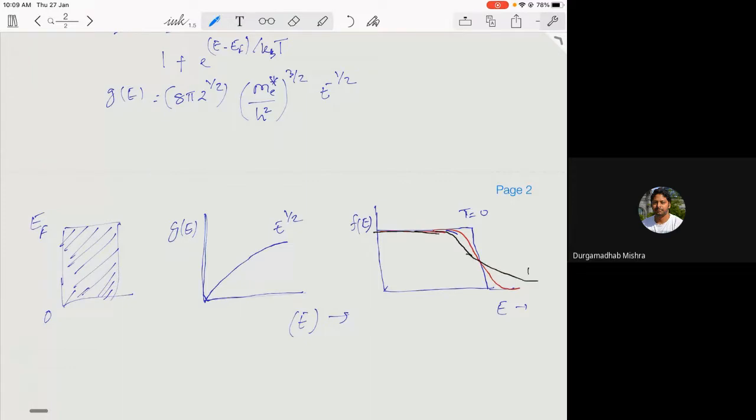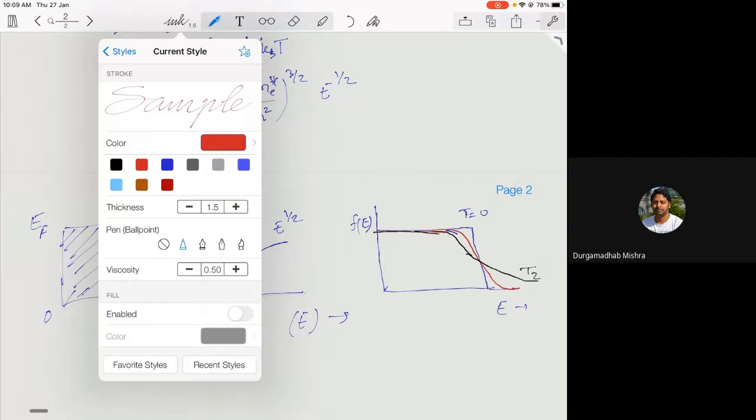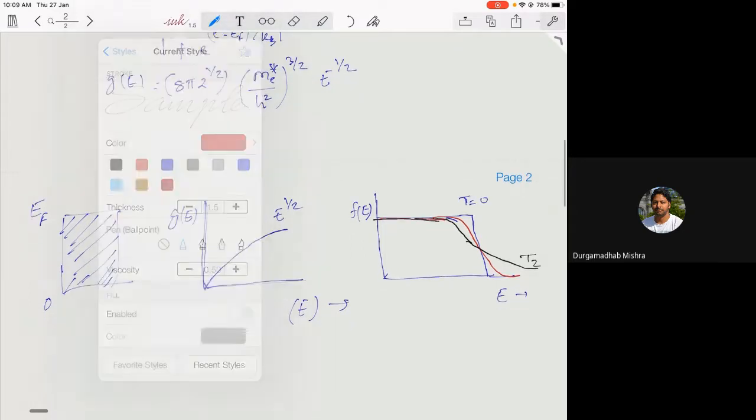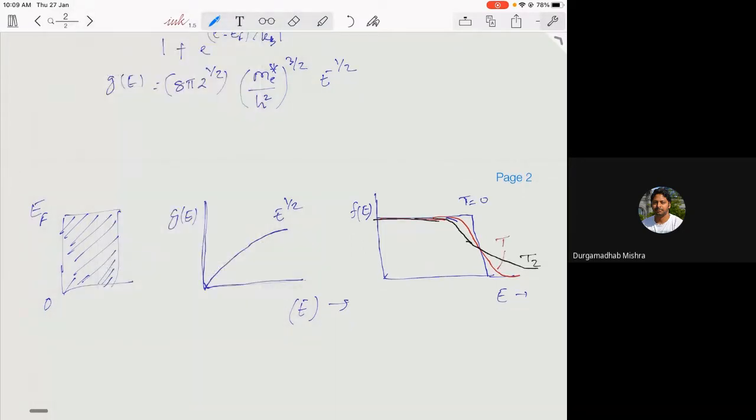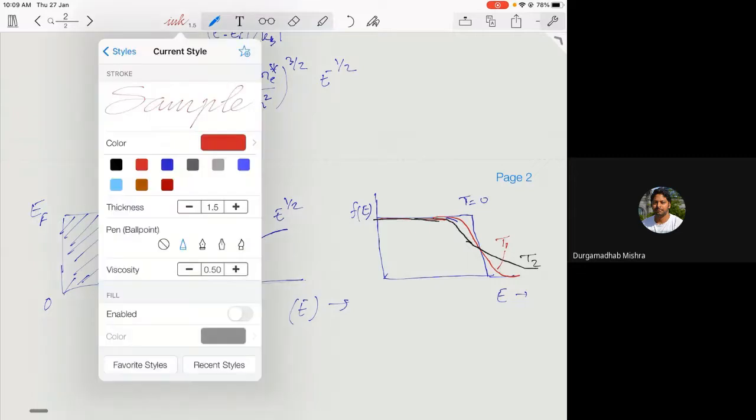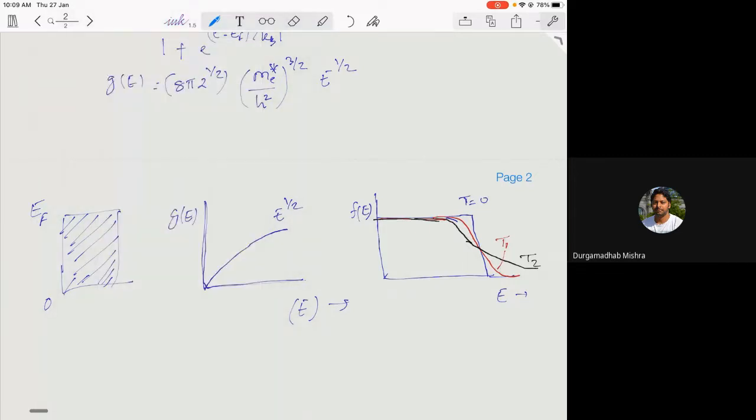So this is your T2 and this is your T1. Here T2 is greater than T1.